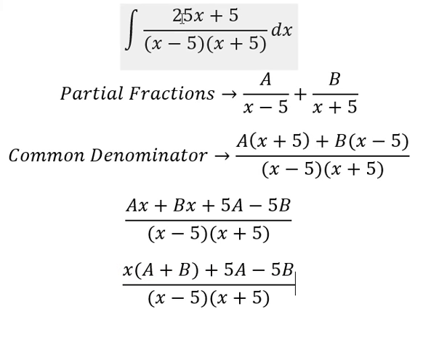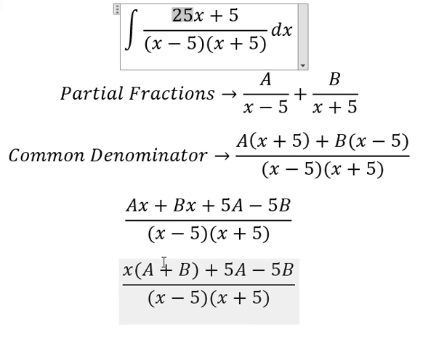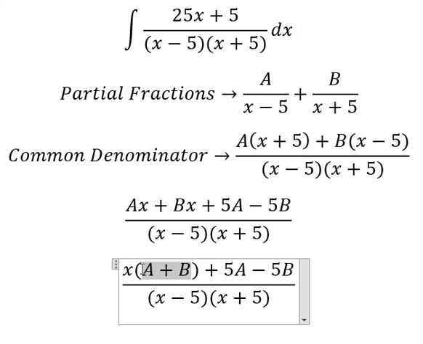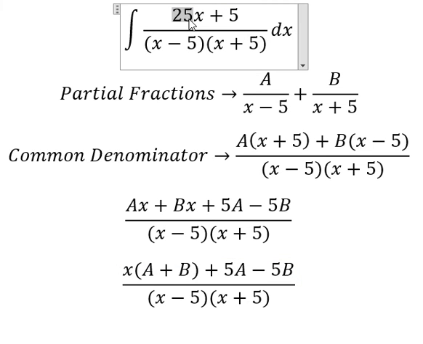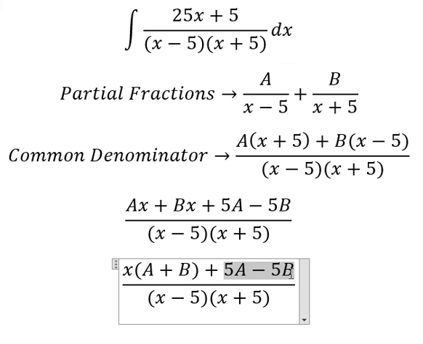So if we look carefully at the coefficient of x, we got number 25. That means a plus b should be equal to 25. About the constant term, we have number 5. That means 5a minus 5b equals 5.